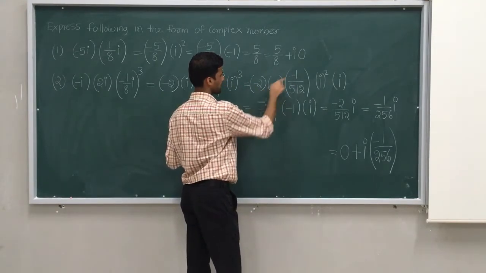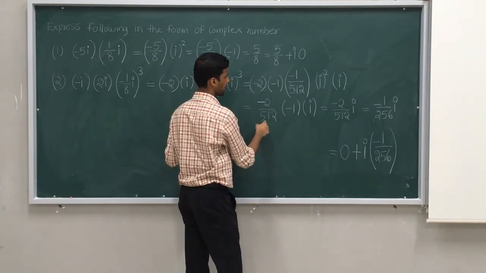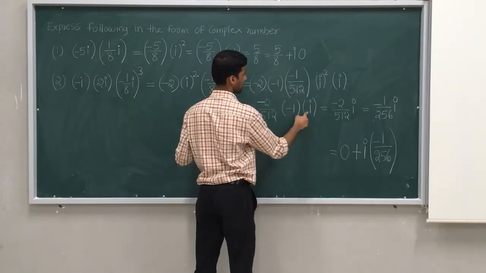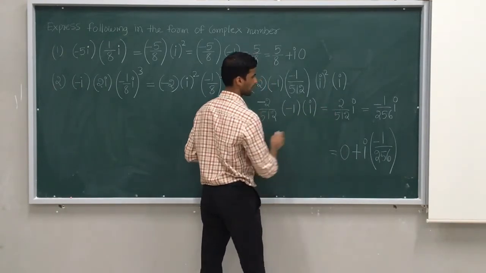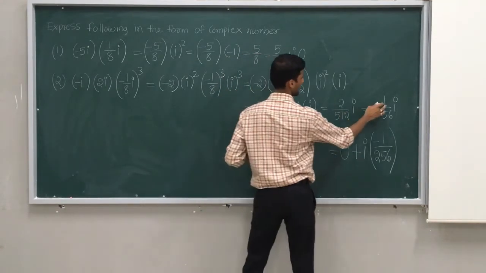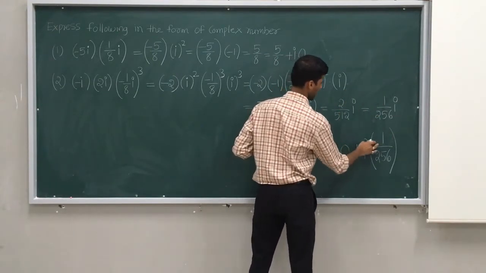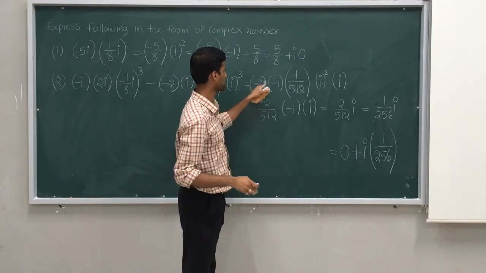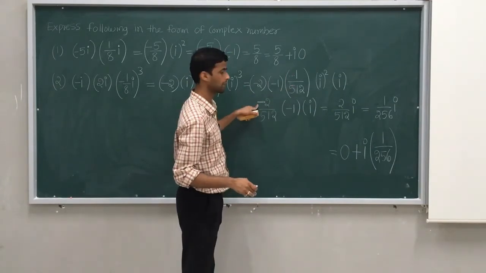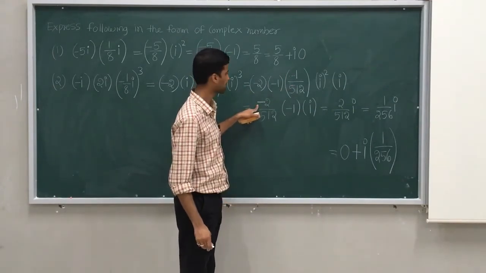Minus plus into minus, 2 divided by 512. So i square is minus 1 into i, so it becomes minus now plus, 2 by 512 times i. At the end it is plus. I am extremely sorry, I missed it here. I need to write minus plus into minus, which I had written as plus.